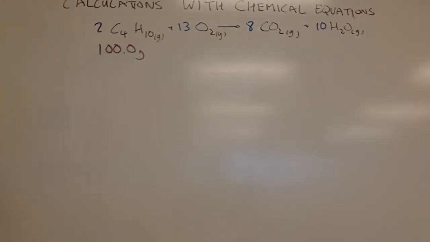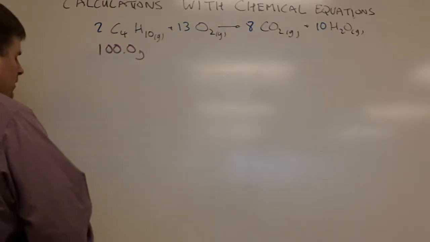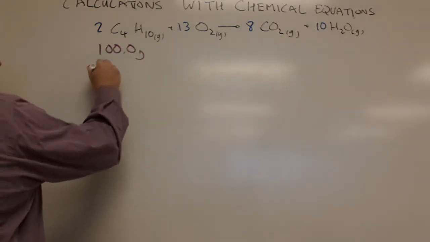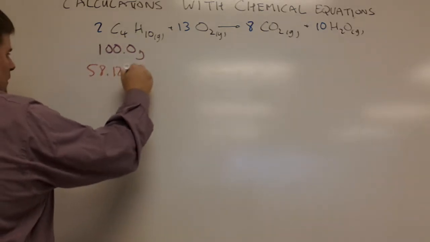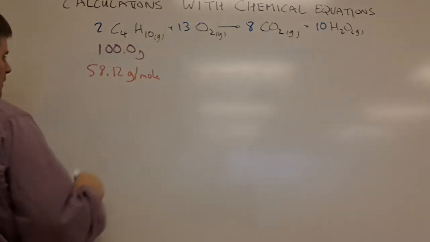We have to calculate the formula mass of butane. And when you do that, you should get a mass of 58.12. Okay?